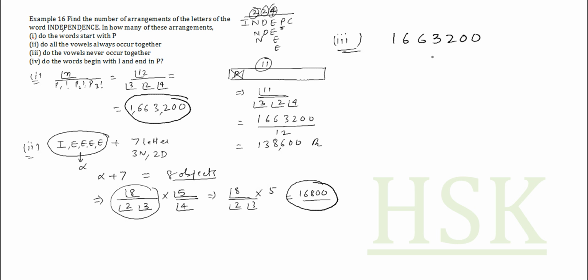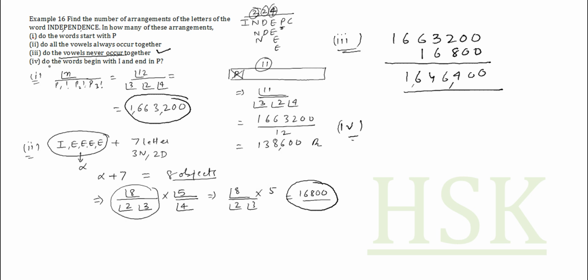If we subtract from the total possible ways the number of ways in which all the vowels occur together, that is 16,800, we are left with the total number of ways in which the vowels never occur together, and this will be equal to 1,646,400. Okay.